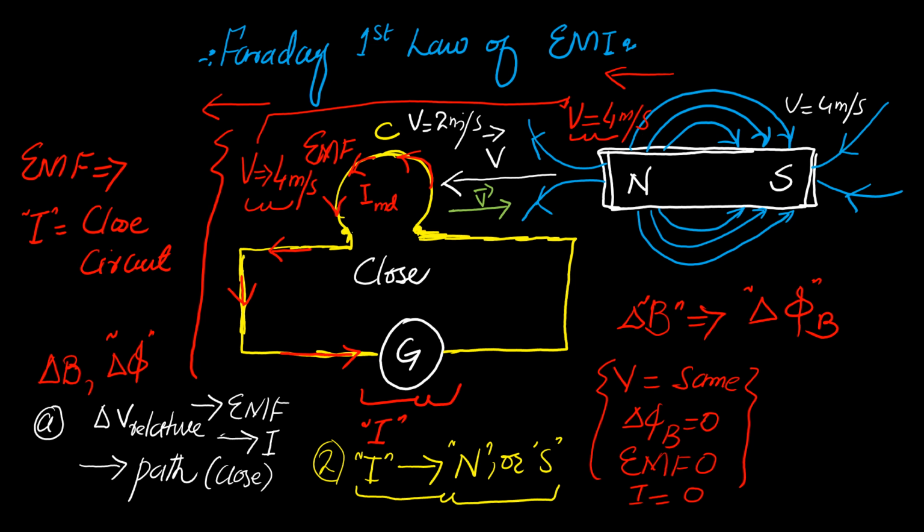Usually, when a north pole comes toward the coil, the flow of the current is anti-clockwise. In simple words, the direction of current will depend on the direction of the magnetic poles. So for a south pole, the direction of current will be different than for the north pole.